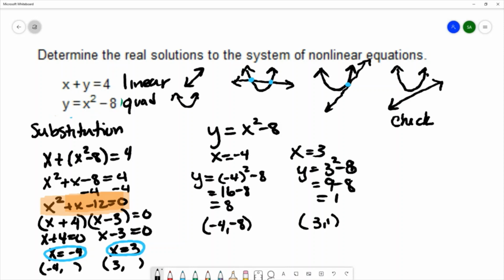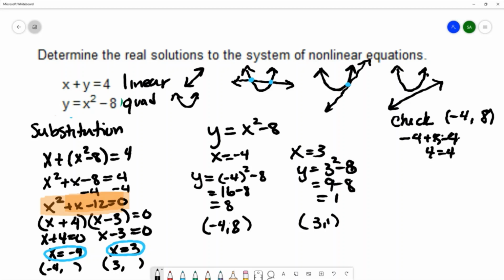So let's check the ordered pair, -4, 8. I don't know why I wrote negative there. That should be +8. Sorry about that. So in the first equation, x plus y equals 4, -4 plus 8 equals 4, and I get 4 equals 4, and that's a true statement.